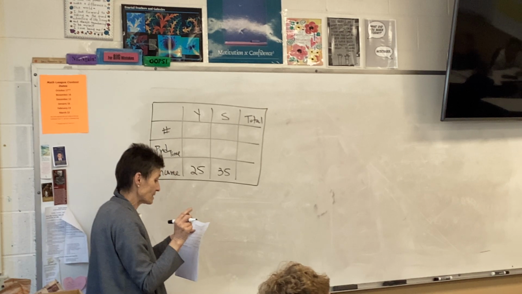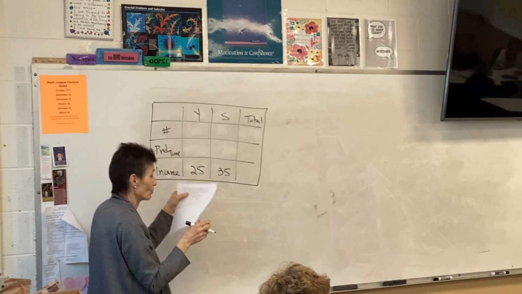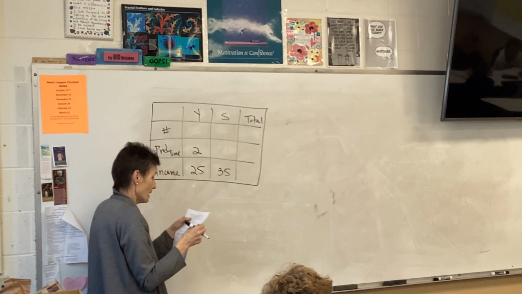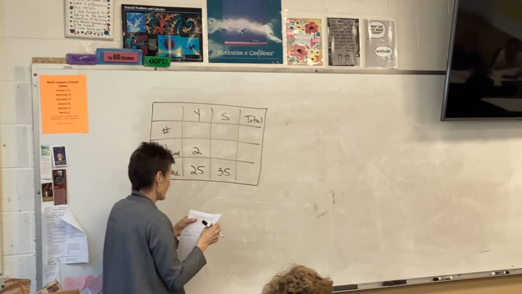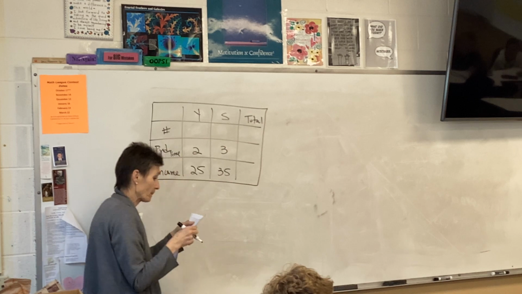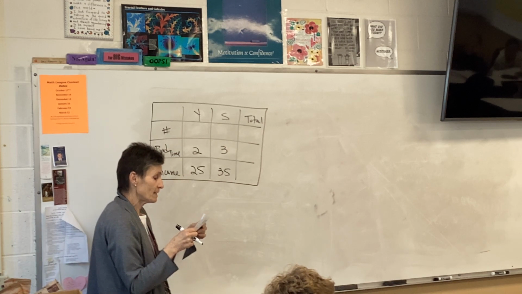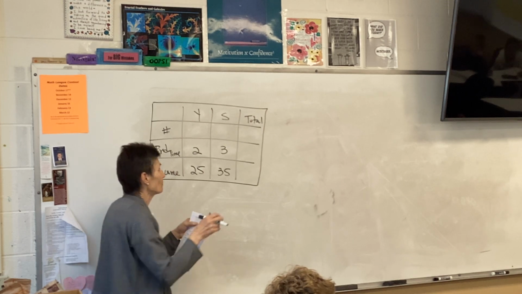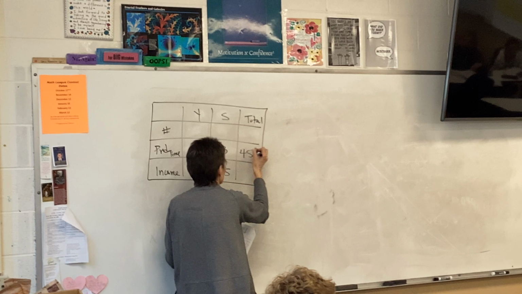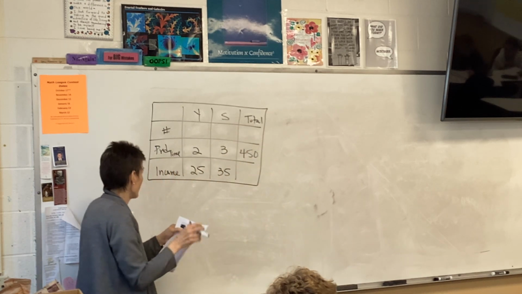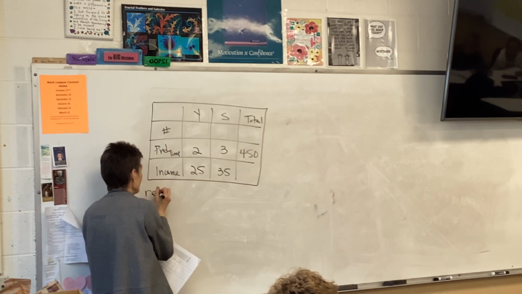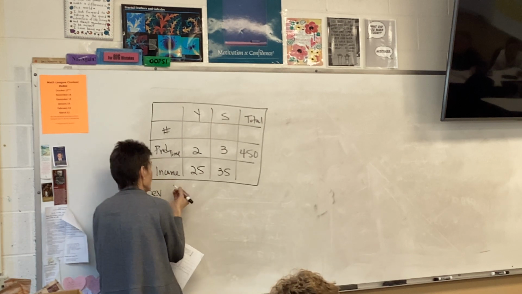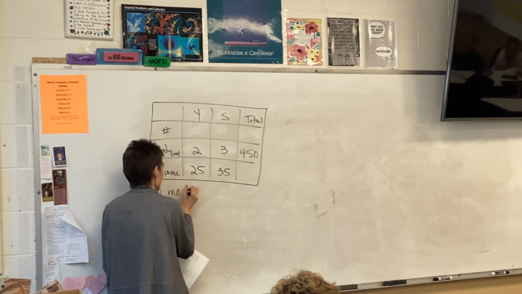Okay, decorating and assembly time, production time, in other words. Production time for yellow is 2. And production time for strawberry is 3. I have 450 hours of labor available. Where does that go? 450 total production time. I want to maximize my revenue. Revenue is income. That's how much you bring in. So revenue or income, I want to maximize it.